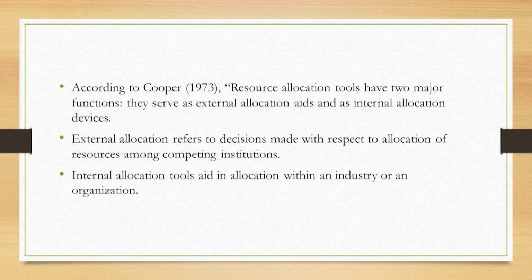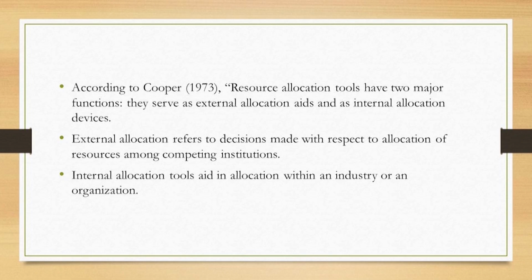According to Cooper, resource allocation tools have two major functions. They serve as external allocation aids and as internal allocation devices. External allocation refers to the decisions made with respect to allocation of resources among competing institutions.